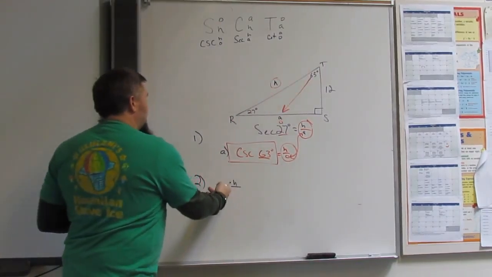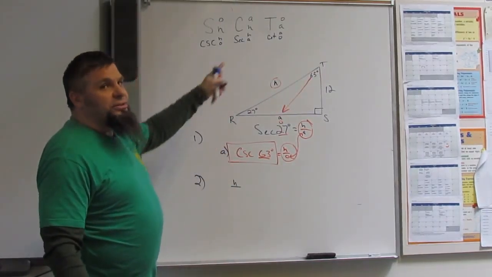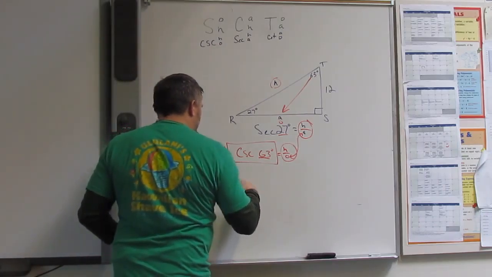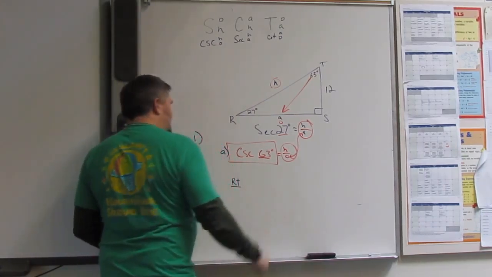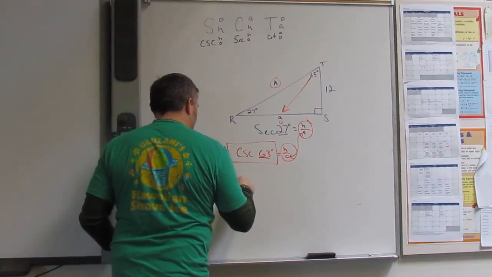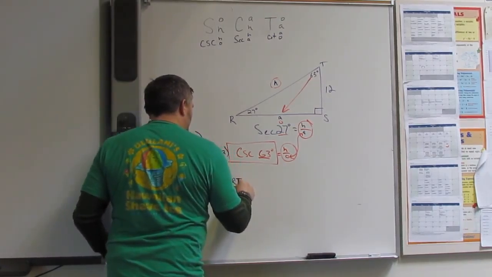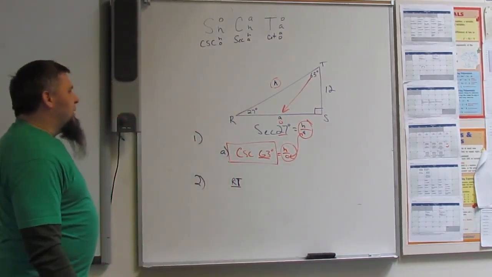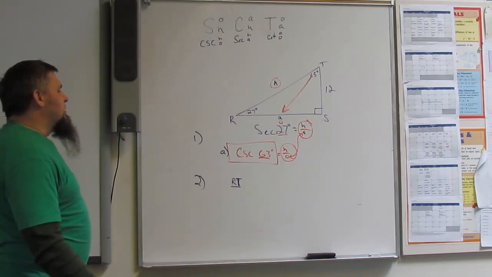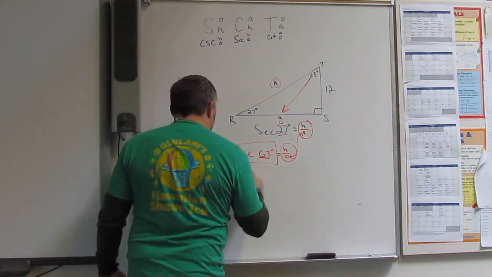That's the whole key here. They want to know what RT is. In our case, H becomes RT.